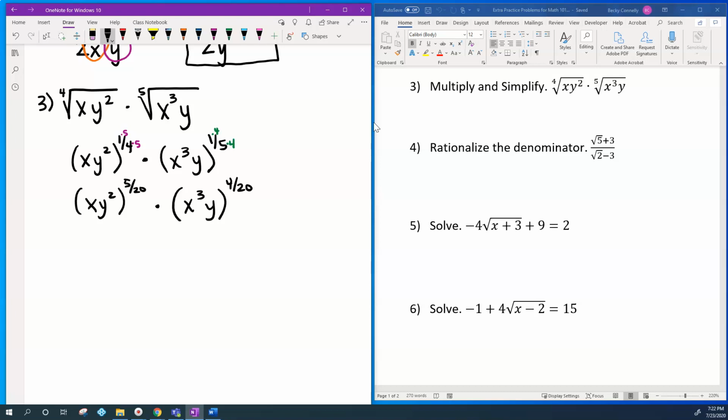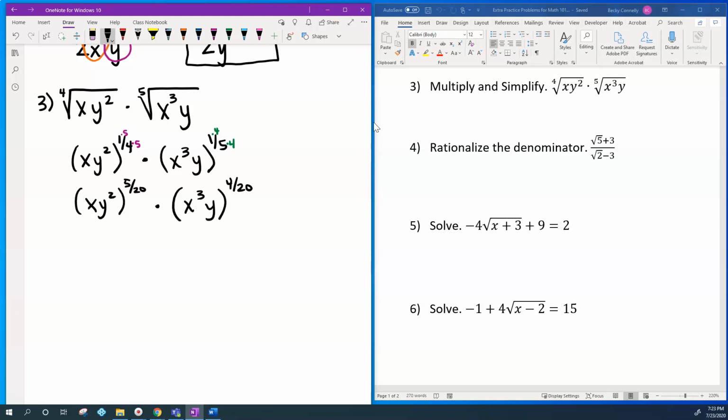Distribute the 5 over 20 to the left and the 4 over 20 to that term on the right, and then combine the x's and y's? Yeah, so you could distribute those through first, right? That would be a good place to start. You could change it back to radical form if you think that would be easier for you to do. So there's a few different ways that you can do this.